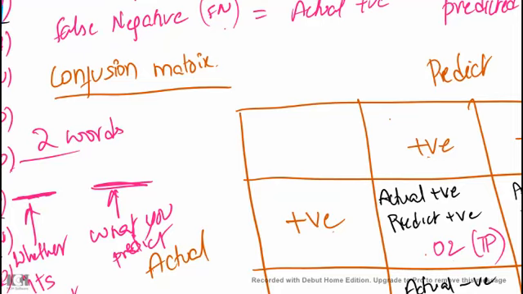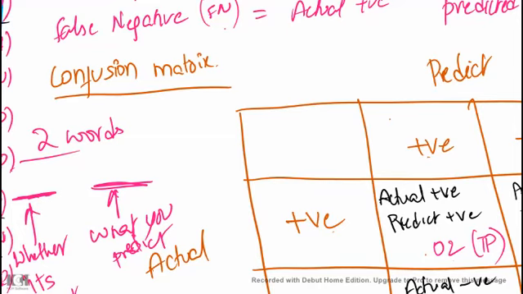Is that clear? Yes and no also same. Whether the person will accept the loan or reject the loan also same. Accept or reject, two words are there. Now in this, true accept, false accept, true reject, false reject. We are having words like this. It is not compulsory that we have to use only the positive word or negative word. There is no rule like that.